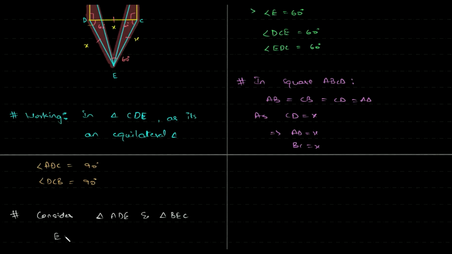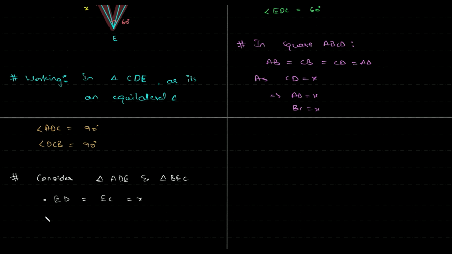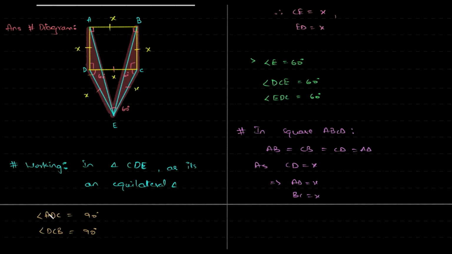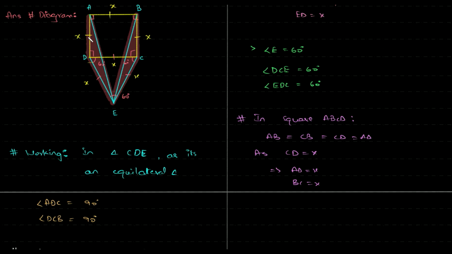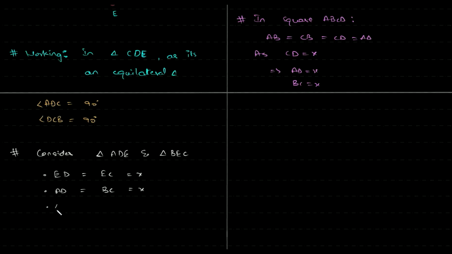Well, we have ED is equal to EC, which is equal to X. Similarly, we have AD is equal to BC, which is also equal to X. And we have angle ADE is equal to angle BCE, which is equal to 90 plus 60 degrees.